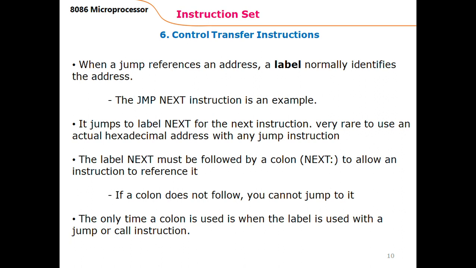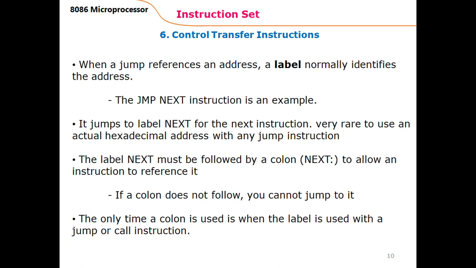It is very rare to use an actual hexadecimal address with any jump instruction, because hexadecimal addresses are difficult to remember. So instead of providing the actual hexadecimal address of the jump, labels are used, which are English names of the location or the address where the jump has to happen. Labels are easy for the programmer to remember, so the normal practice is to use labels in the program.